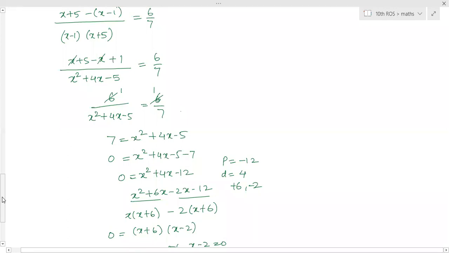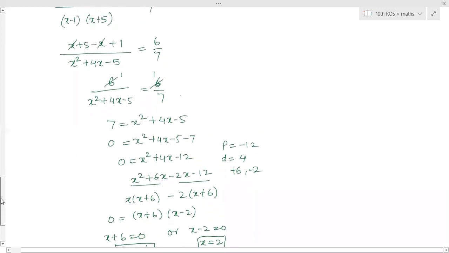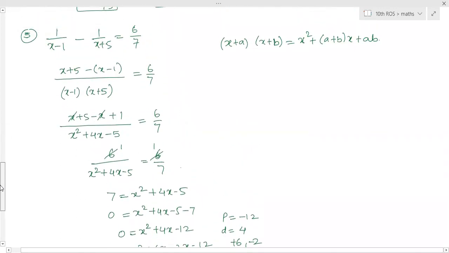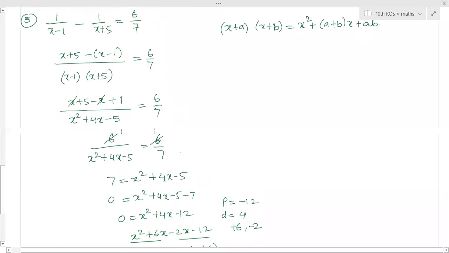Ma'am, in the second step, did we cross multiply? Which second step? Here, yes, after this we have multiplied. No, ma'am, can we use the quadratic formula after this? Here, after the question, LCM and subtraction.